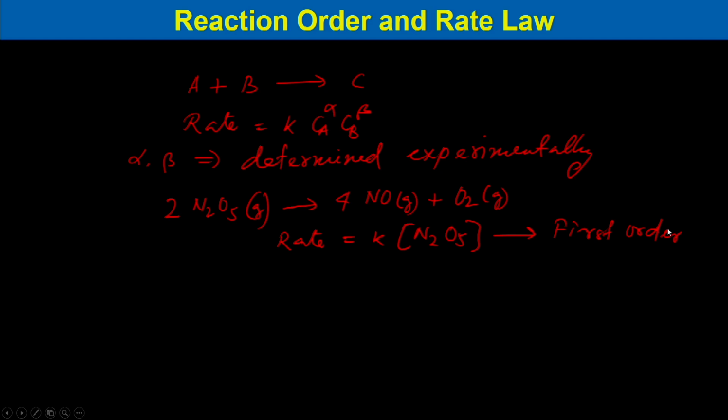That means if we double the concentration of N2O5, the rate of reaction will double. If we triple the concentration, the rate of reaction will triple.